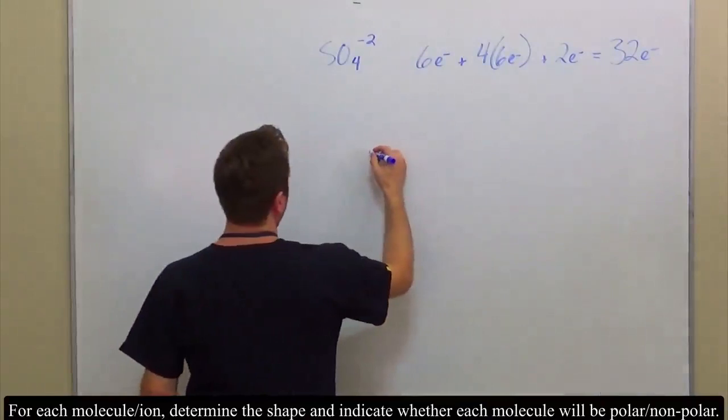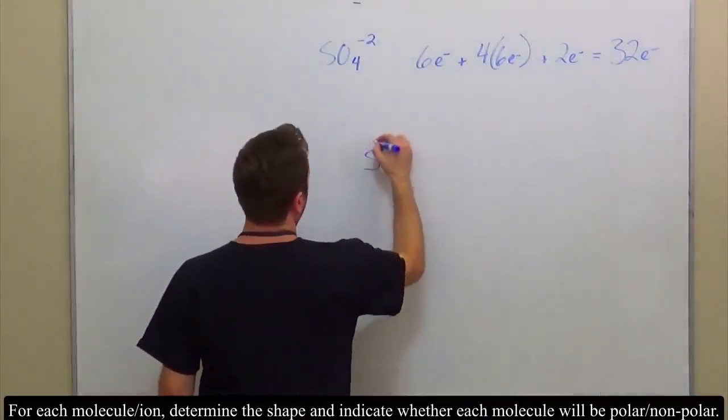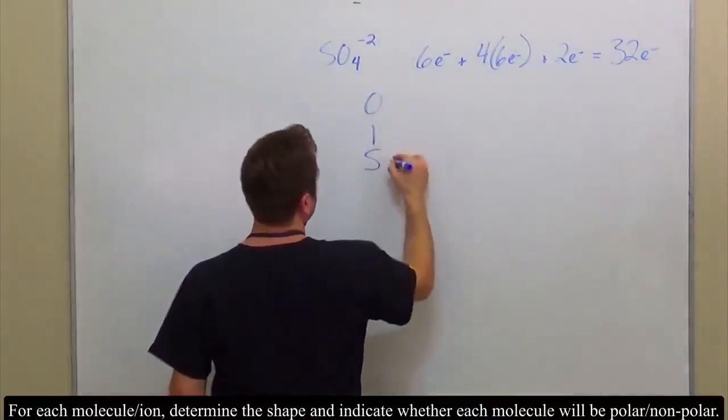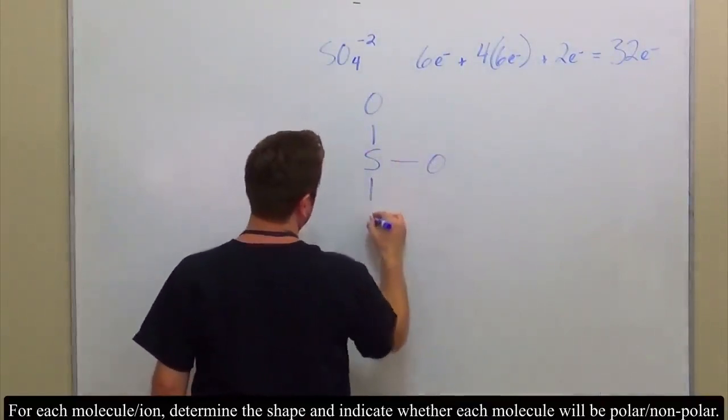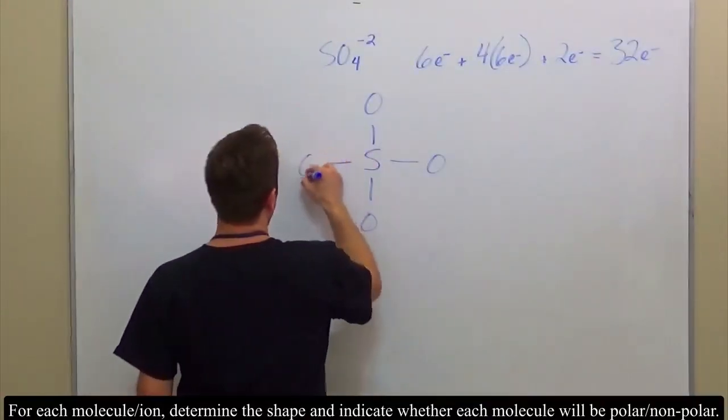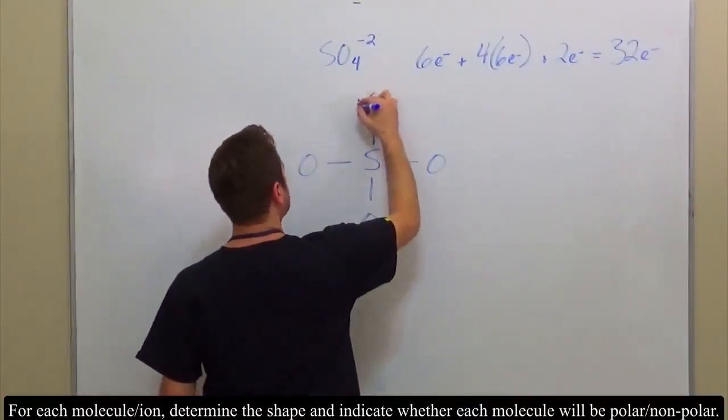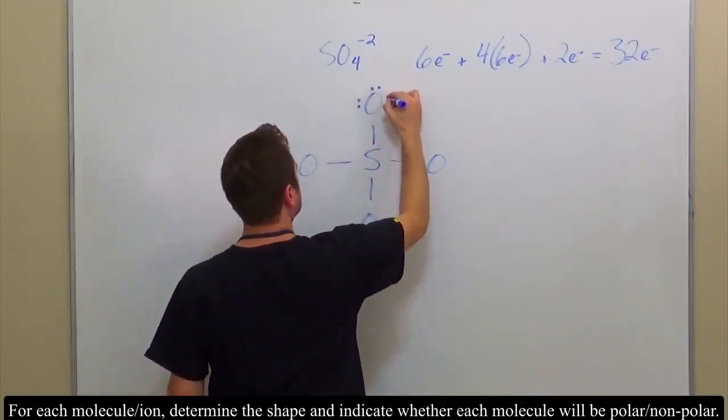Okay, so sulfur is in the middle, and I'm going to go ahead and bond it to the 4 oxygens. And then let's satisfy the octet on all the oxygens.